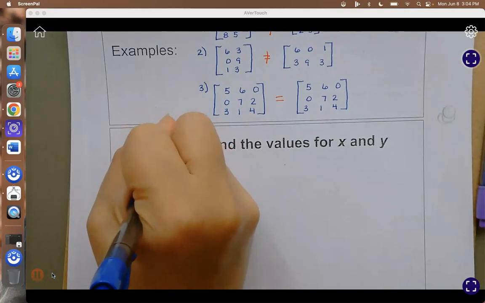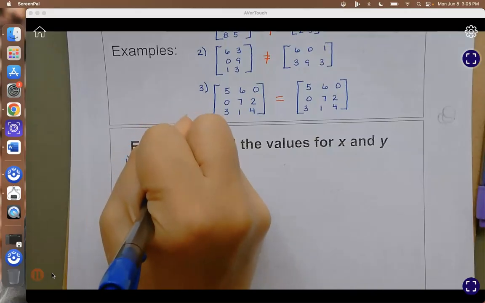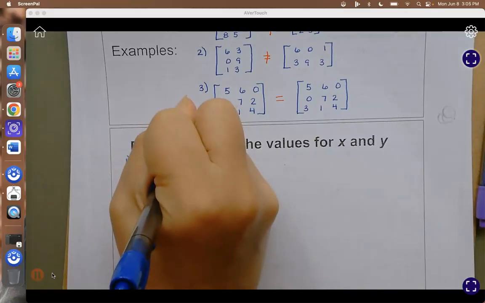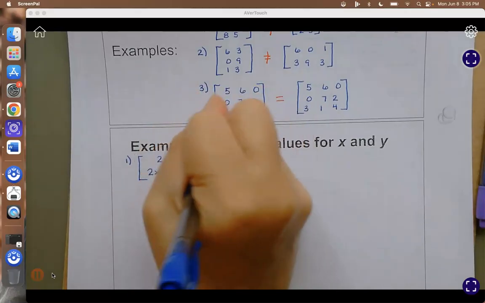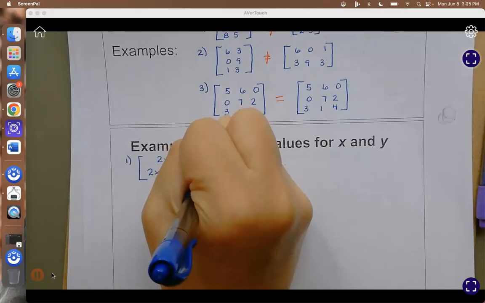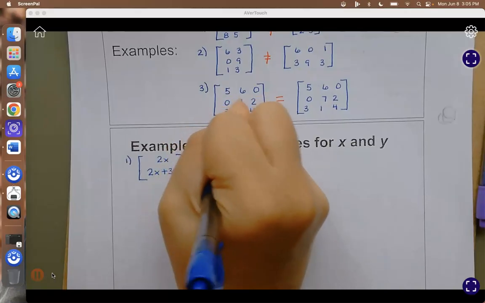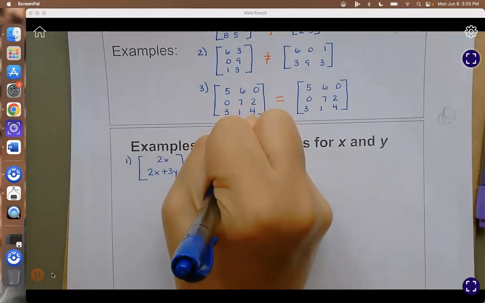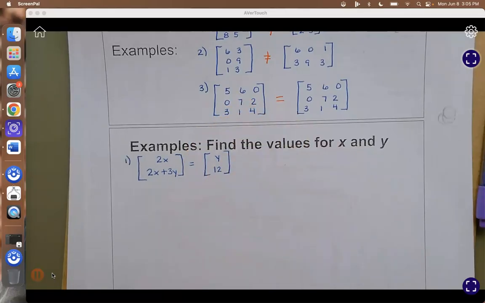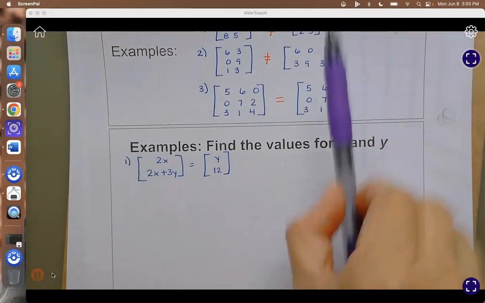The second row is 2x plus 3y. So this is a 2 by 1 matrix. And we're going to set that equal to y on the first row and 12 on the second row. All right, and they're telling us that these two things are equal.